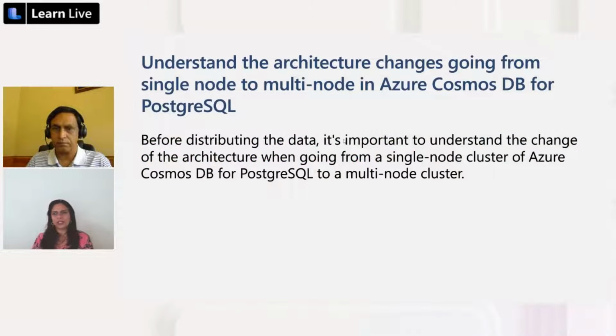When we talk about a single node in a cluster, there are actually two nodes when you're talking about a Cosmos DB for PostgreSQL cluster. One is the coordinator node, and the other is the worker node. The worker node is the node that actually does the work. It's the node where the data is stored, and it's the node that processes your queries.